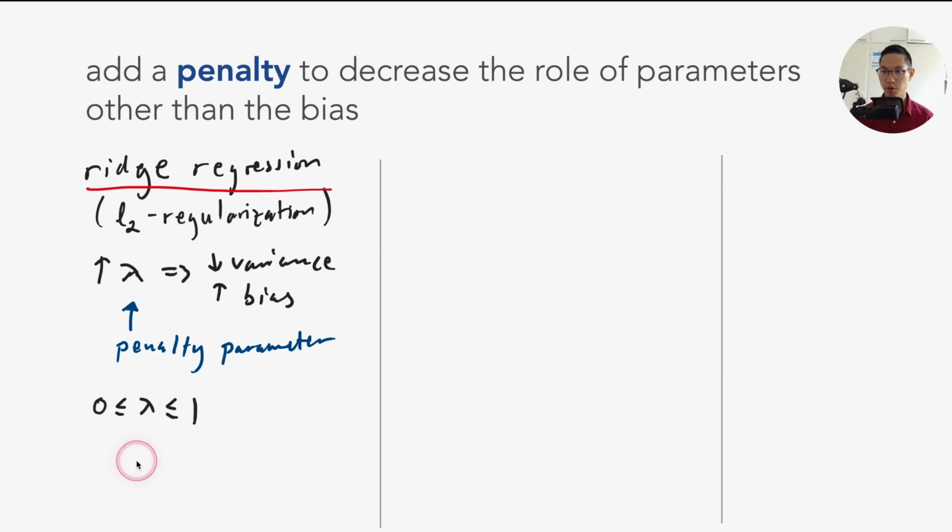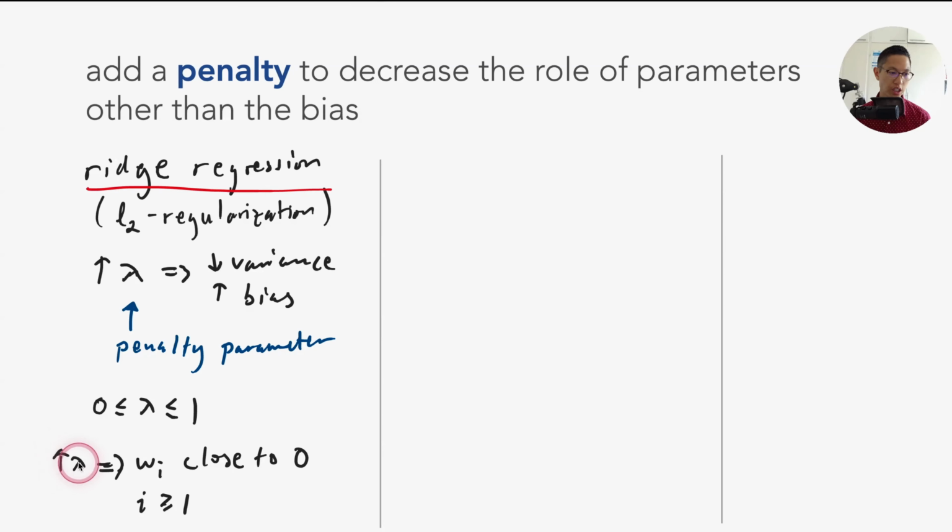And note that, of course, different machine learning libraries have implemented this lambda in different ways. In scikit-learn, they have a parameter called C. You should look into the documentation and see exactly what it means before you use it. But in theory, we use lambda.